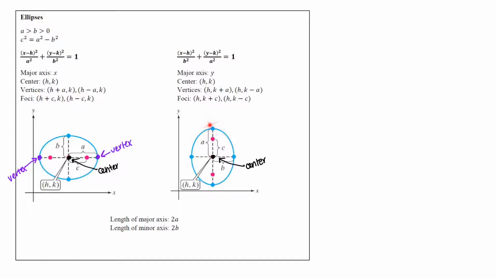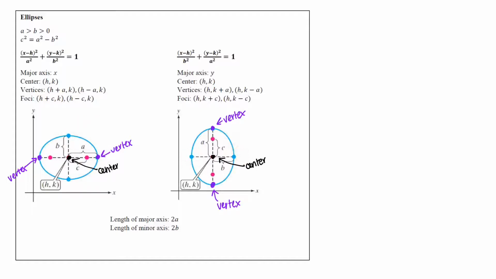Because the major axis is the y-axis in this ellipse, the vertices are going to be here and here. So the vertices belong on the endpoints of the major axis. On the minor axis, so for this guy, the minor axis is the y-axis.